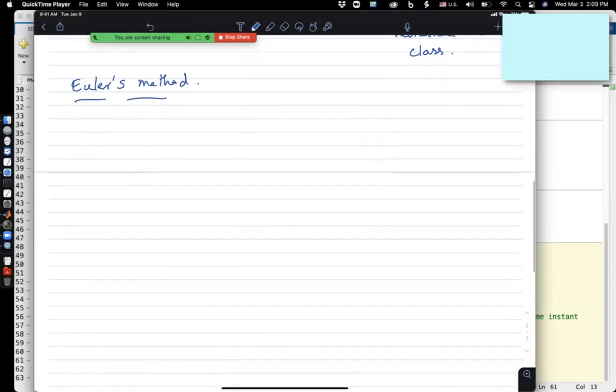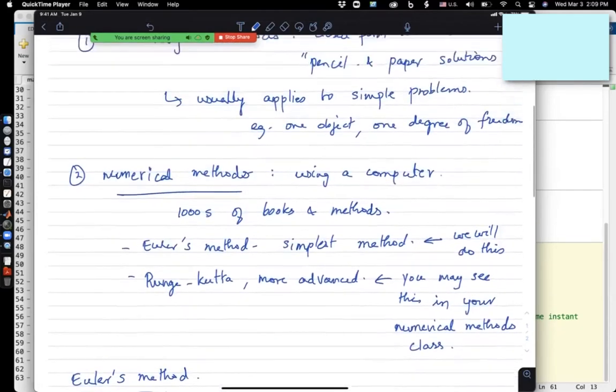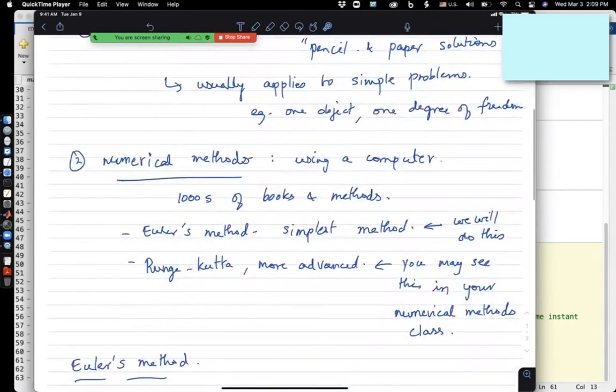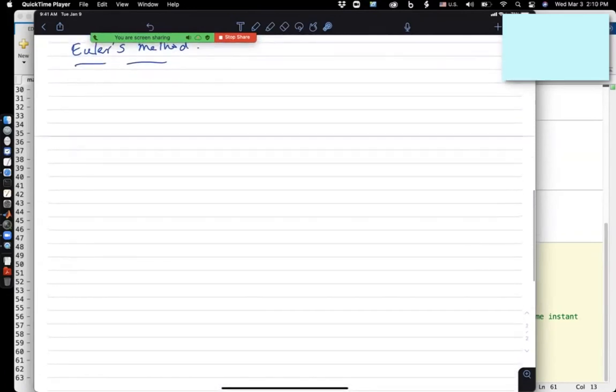Even though these are second order differential equations, let's first discuss Euler's method for first order differential equations, because we do simple things first.